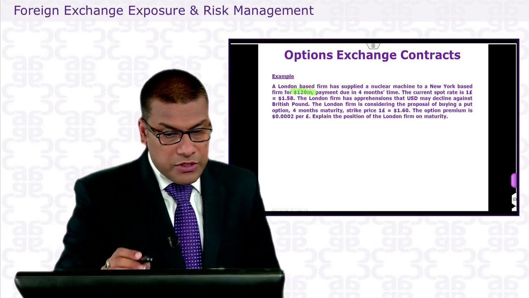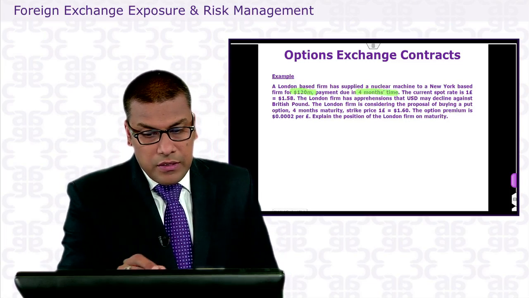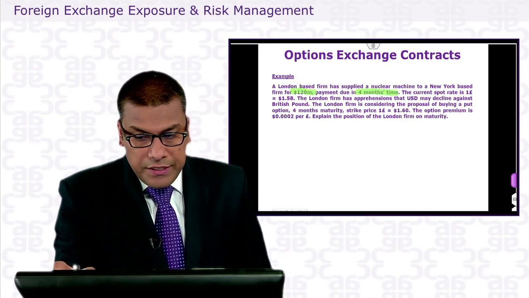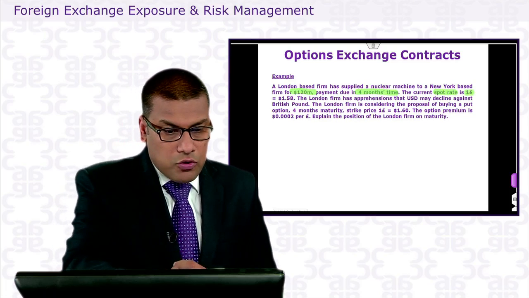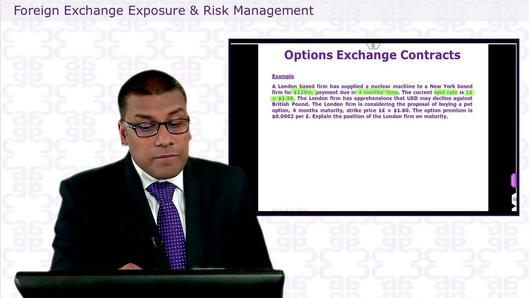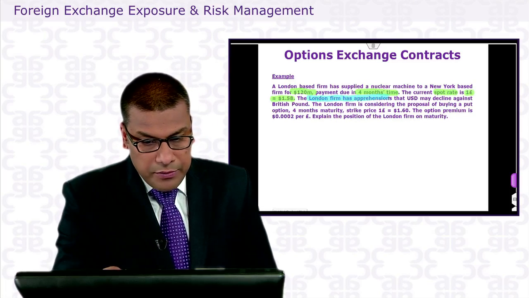So the cost of the machine is $120 million. The payment is due in 4 months time. The spot rate is £1 sterling equal to $1.58.